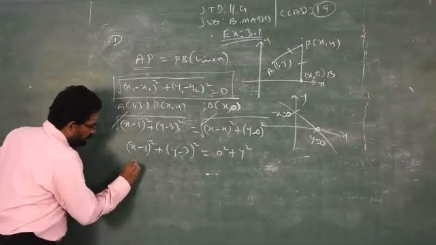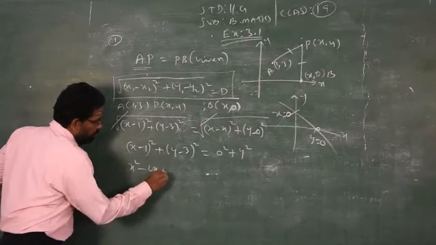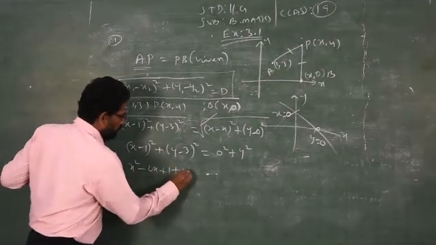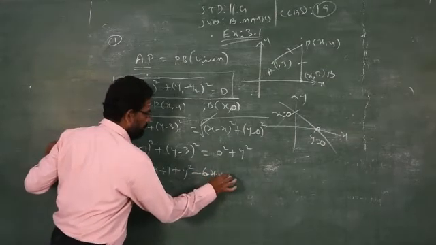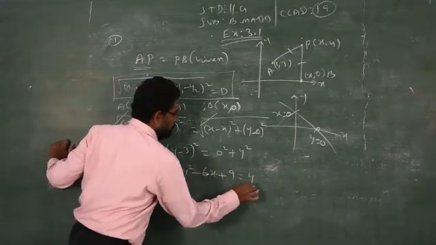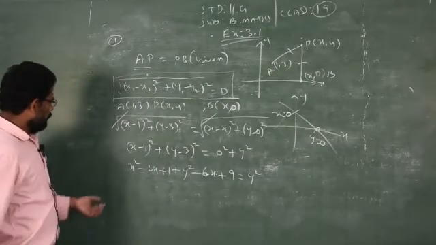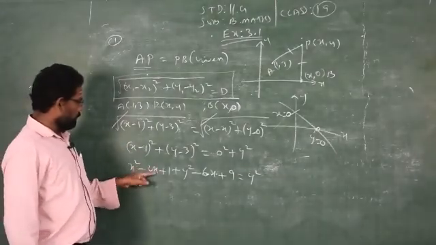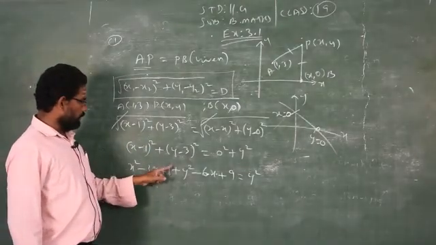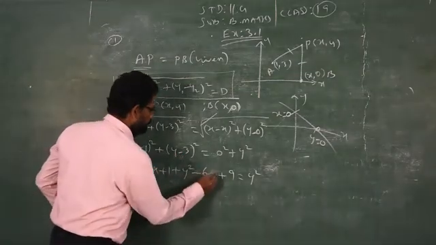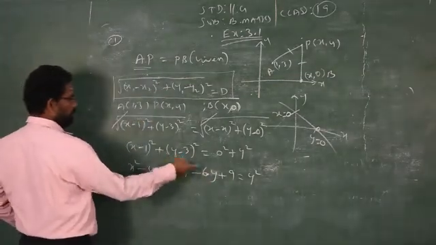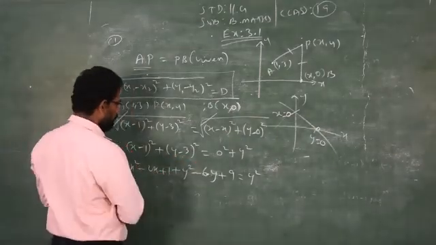So x square minus 2x plus 1 is equal to y square minus... a square minus 2ab plus b square: 2 threes are 6, 6 into y, that is 6y will come, then b square, 3 square is 9.